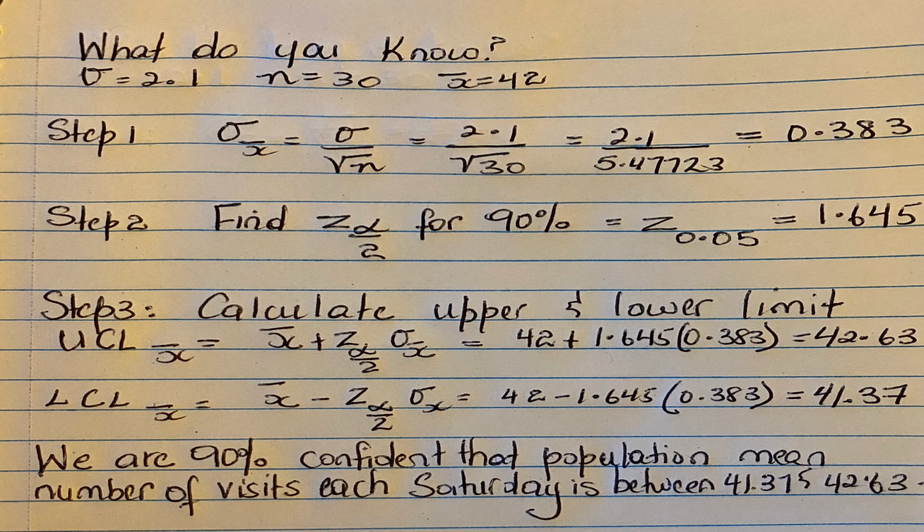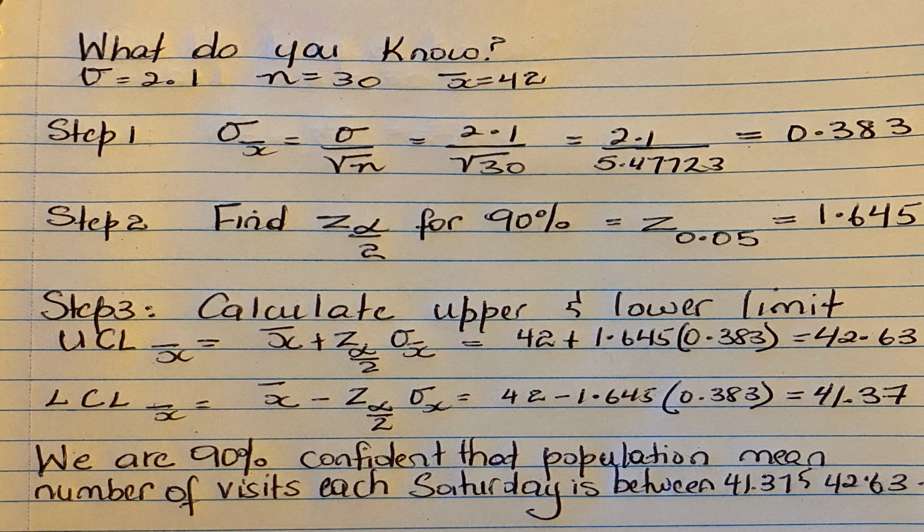And my z-critical score for 90% means that I'm missing 10% and it's 0.05 on each side, so I need to find z-critical for 0.05. However, I know that when I look under the curve, I'm looking for 0.9 plus 1 of the 0.05 because I'm looking for the area to the left, and I'm looking for 0.95 in the middle of the cumulative probability table, and that gave me 1.645. You could do that, or you could use the cheat sheet table that I gave you before.